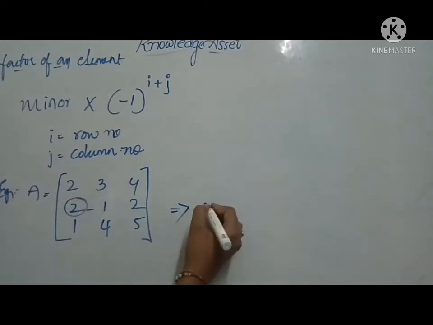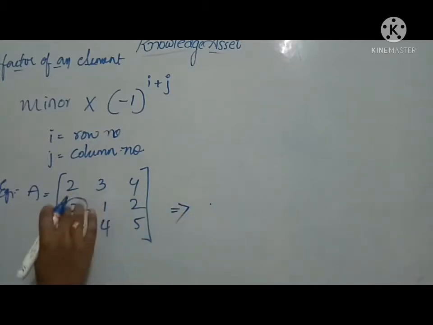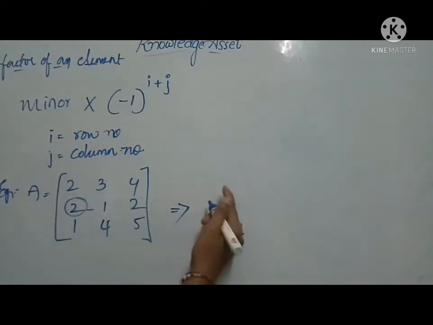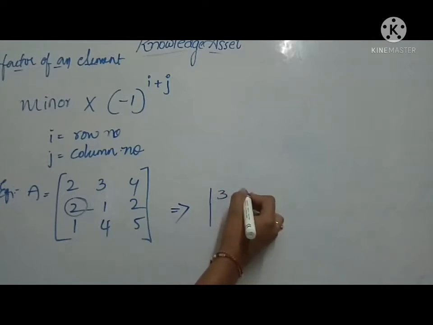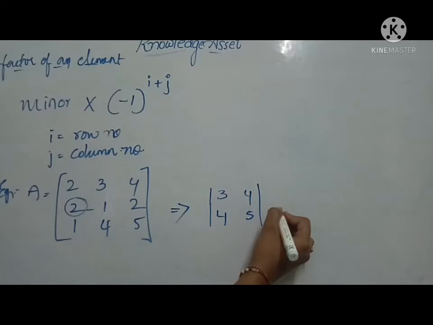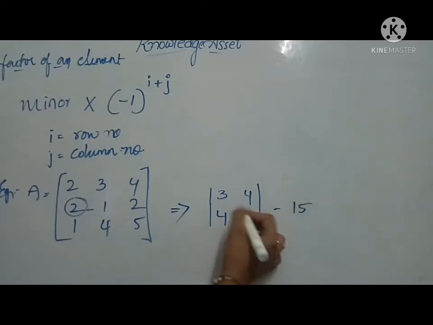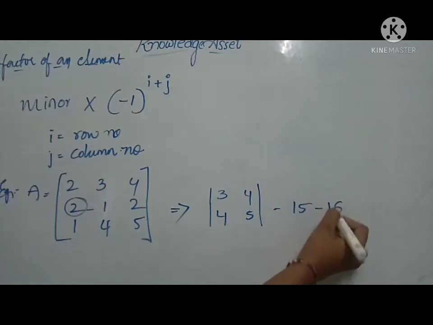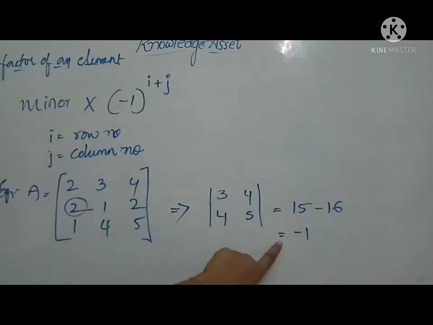Deleting the existing row and existing column, we have to find the determinant of 3, 4, 4, 5. That is 5 times 3 is 15, minus 16, which equals minus 1. This is the determinant value.